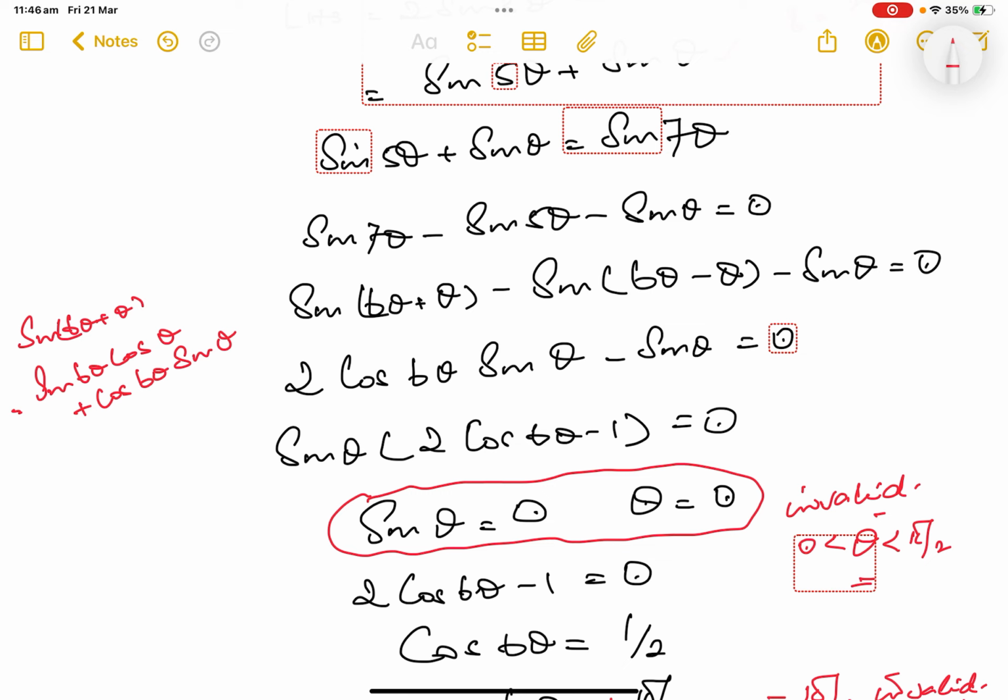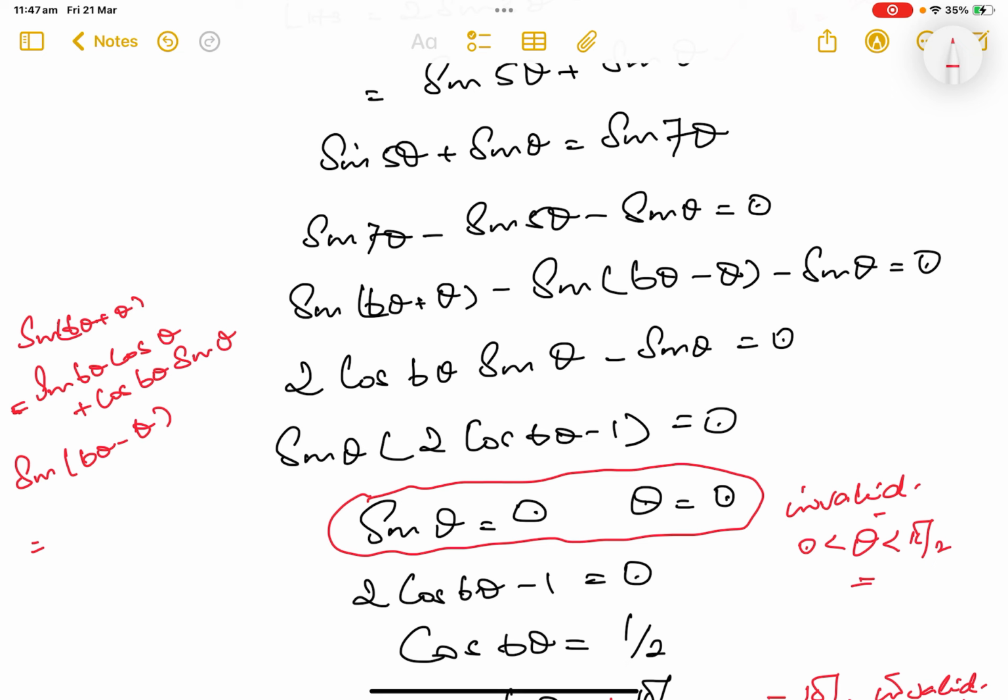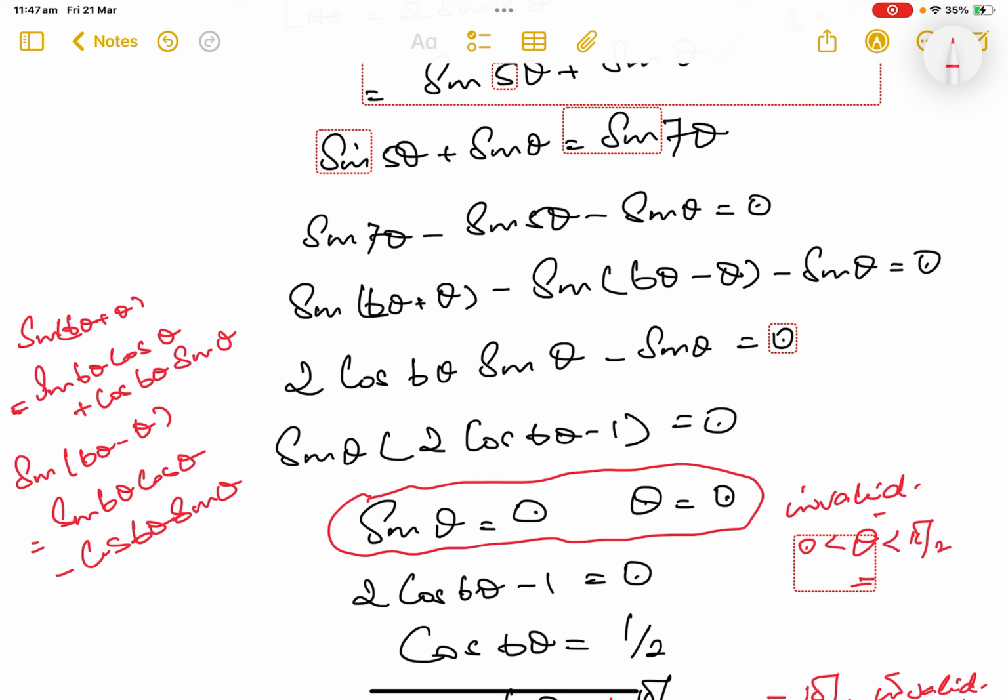And the next one, sine 6 theta minus theta, in the sine A minus B format, is sine 6 theta cos theta minus cos 6 theta sine theta. Let's call this P and this Q.